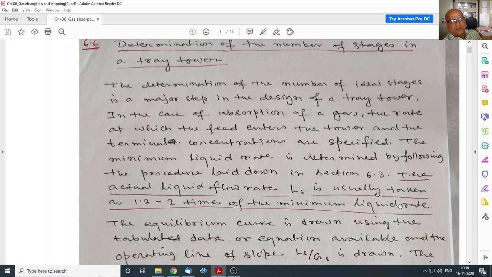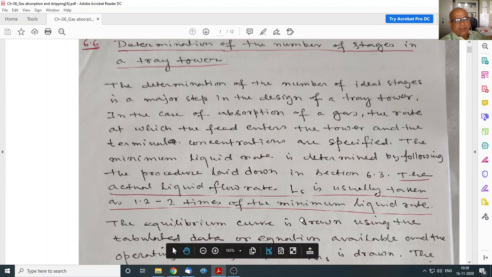The only thing we have to do here is calculate the liquid flow rate and gas flow rate for this problem from the minimum flow rates. That thing we have to add, then I go to chapter 4. That's why I told you repeatedly that what you learn in chapter 4 is the basic. This is nothing, we are just using it. So this way you can calculate the number of stages.